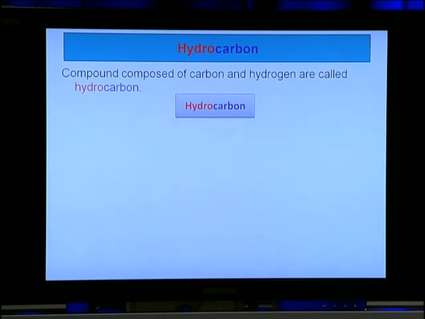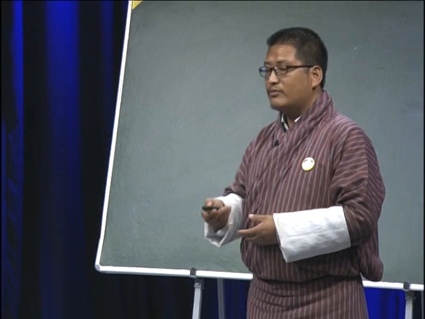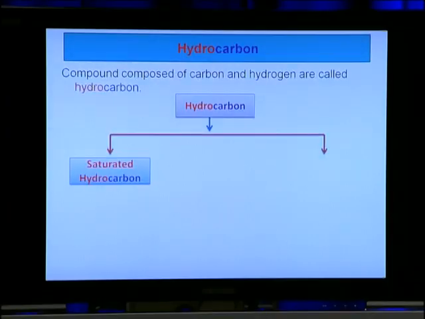Now let us look into the classification of hydrocarbon. Hydrocarbons in general are classified into two classes. The first one is called the saturated hydrocarbon. The other one is the unsaturated hydrocarbon.